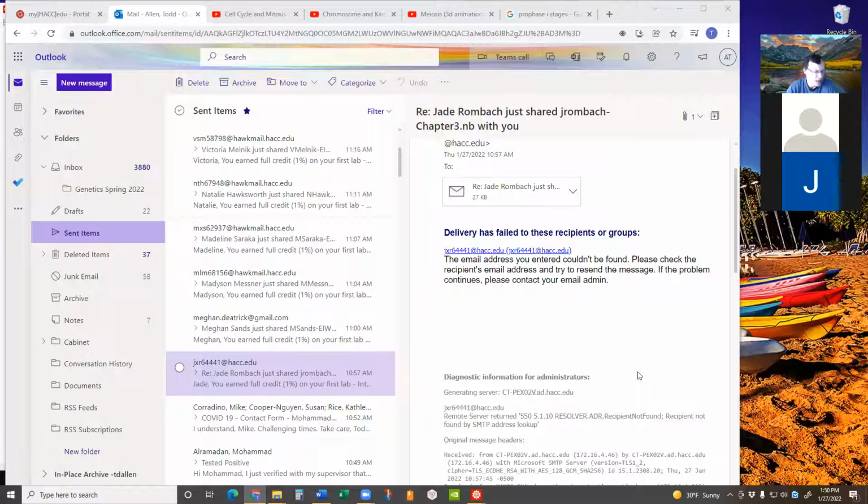Well, let me ask you this. When you signed up for Mathematica, what email address did you create your Mathematica account with? Let me go into my account information. I did use my hack email for that one. Yeah, okay.